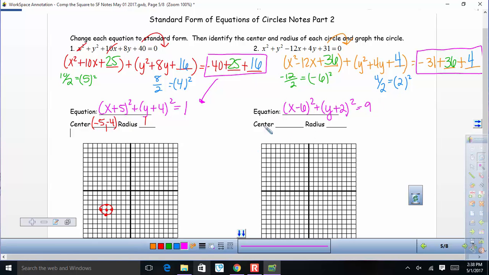Okay, and so my center would be 6, comma, negative 2, and the radius would be 3. So we would go right 6, down 2, and then out 3 in every direction from there.